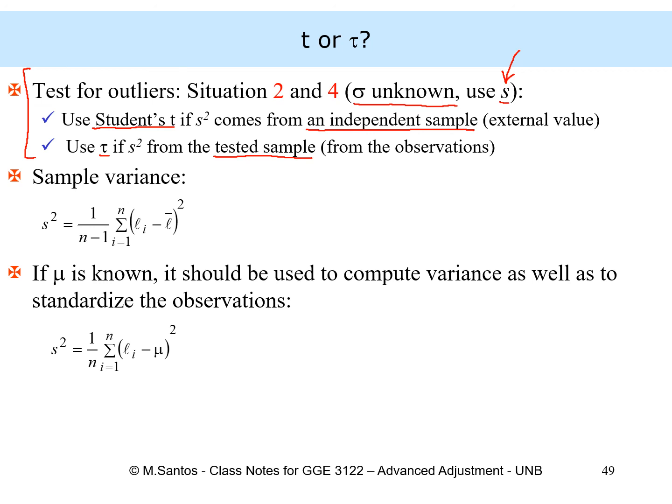How do we compute this variance? Variance from the sample, we compute like this. This is the usual expression, n minus 1 summation of the square of the observations and their mean value. But if the population parameter is known, we should compute the standard deviation using the mean value, the population mean.